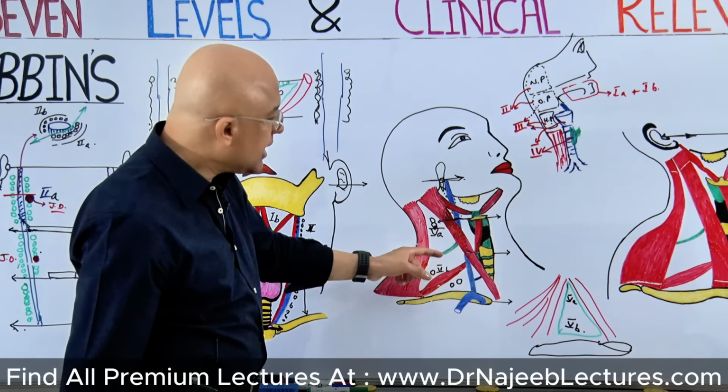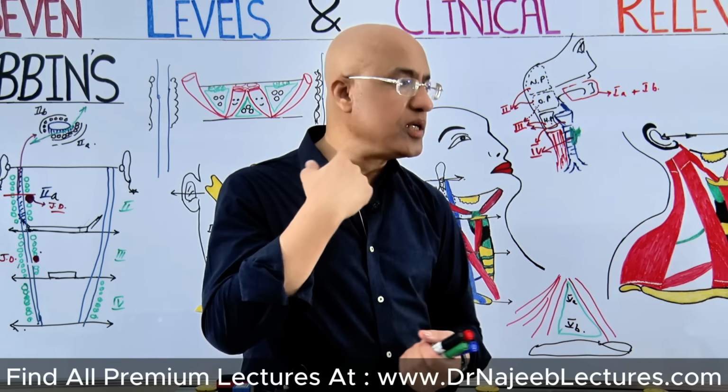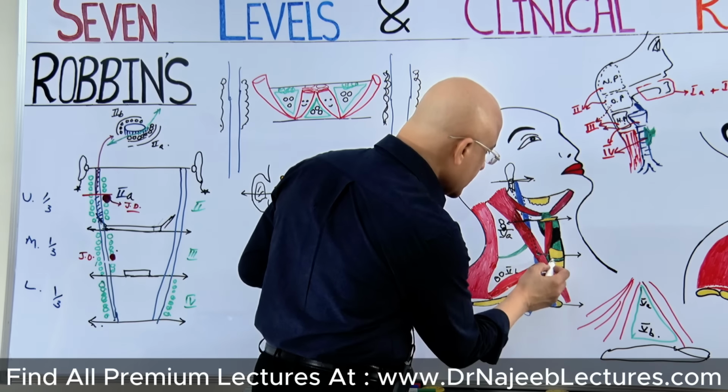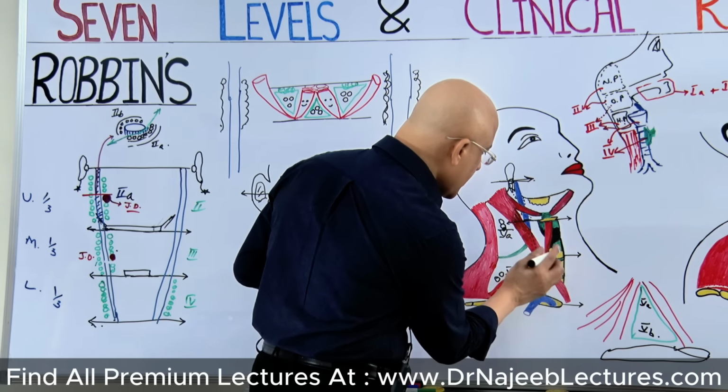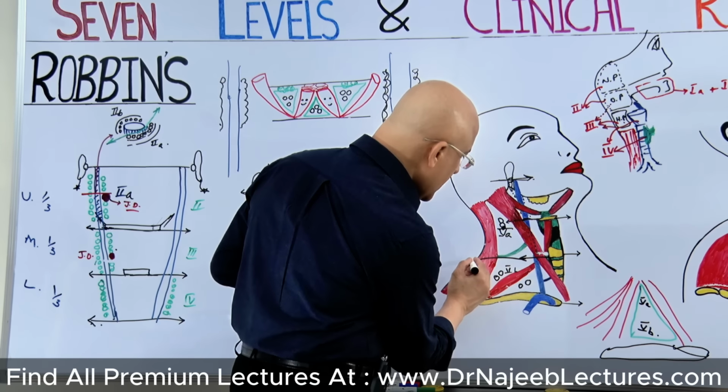But if you want to know whether an enlarged lymph node in the posterior triangle is A or B, the ideal thing is, don't forget your level of cricoid cartilage. The lower part of the cricoid cartilage is here, cricoid cartilage, right? And this cricoid cartilage, its lower level goes like that.